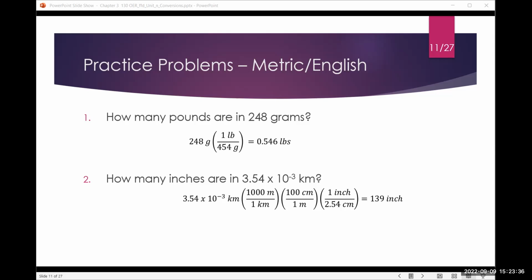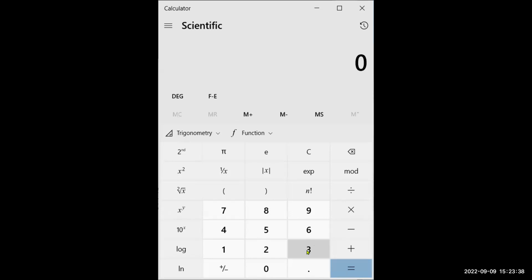Let me share the calculator. So 3.54, exponent 3, toggle. That is the number 3.54 times 10 to the negative third in the Windows calculator. Don't forget to toggle the number.